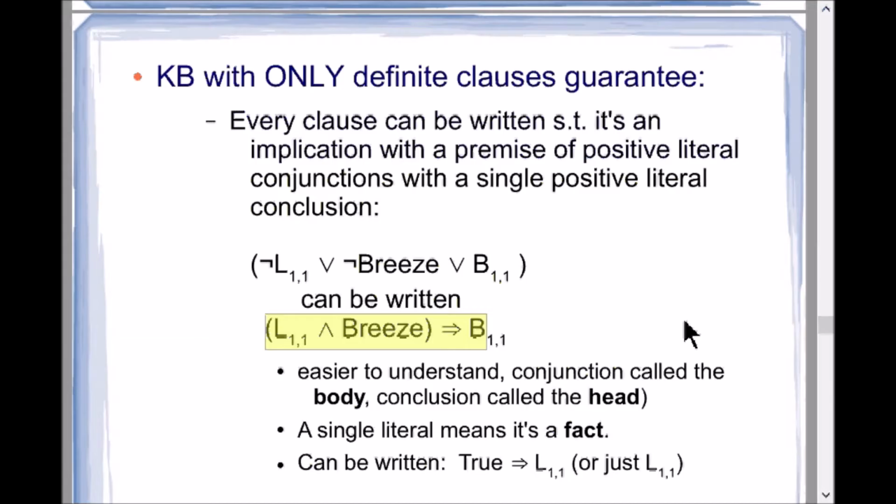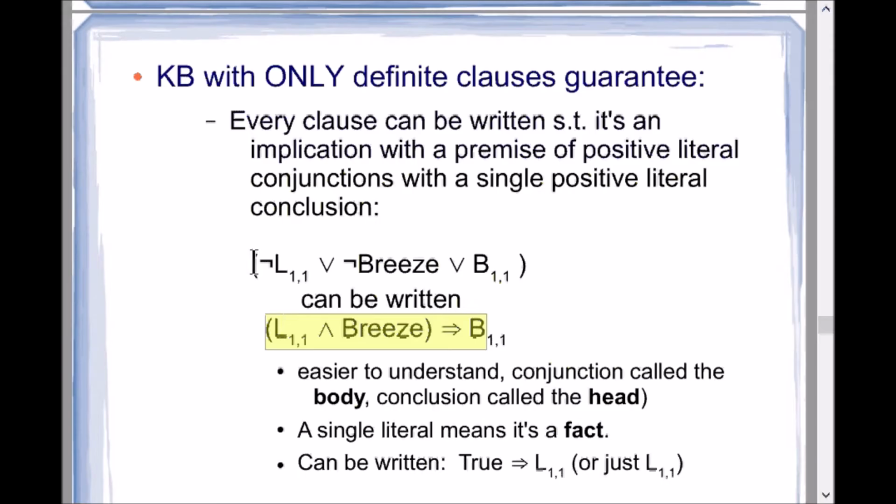So what's the benefit? Who cares? It's easier to understand in this form, for one. How do we read this and compare the two? On the second line, we can read it as: if the agent is in square 1,1 and there's a breeze, then that means square 1,1 is breezy. The agent's location is 1,1 and there's a breeze there, therefore that square is a breezy square.